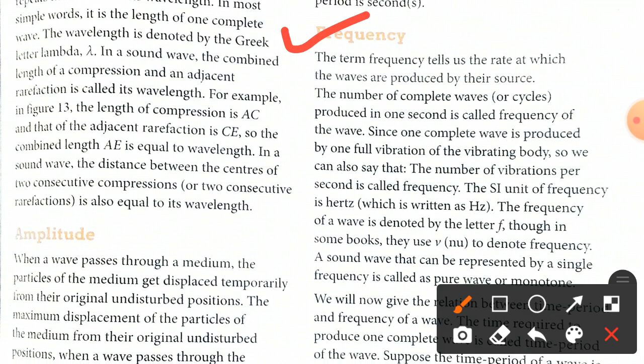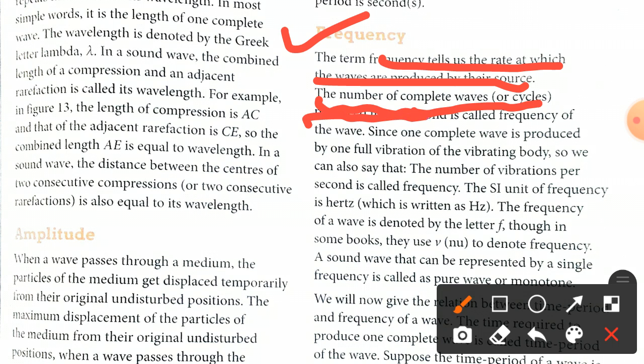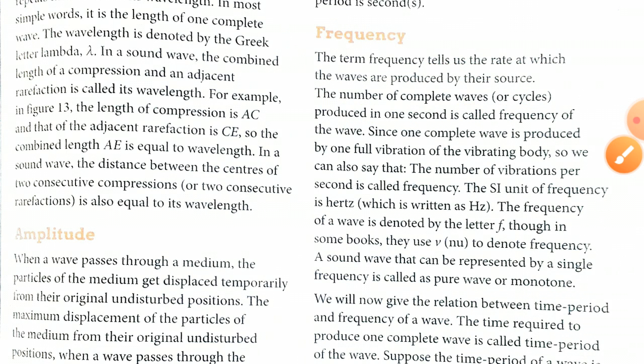Now we will move to what is frequency. You can see here frequency. So the term frequency tells us the rate at which the waves are produced by their source. Fine. So the number of complete waves or cycles produced is called frequency of the wave. I hope it is clear.